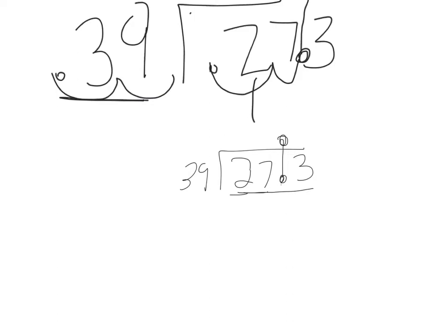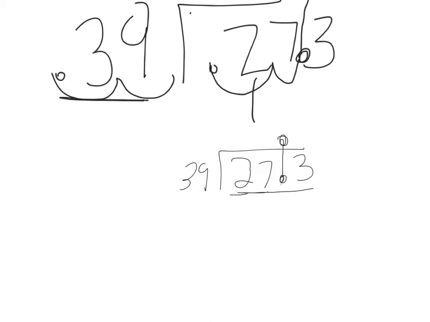Well, if we think 39, is it close to 40? Yeah, so we could guess. Okay, 40 goes into 200 5 times. So we could multiply 39 by 5, see what that gets us. Probably not enough.